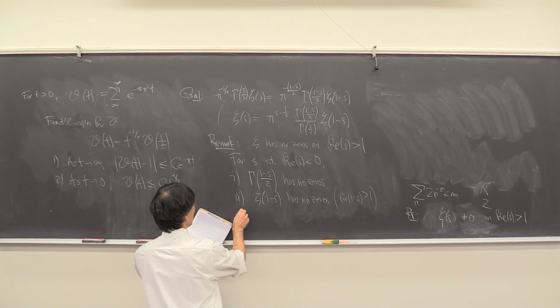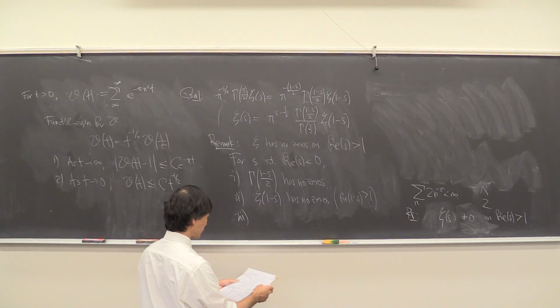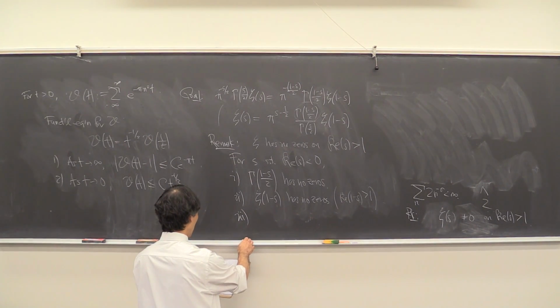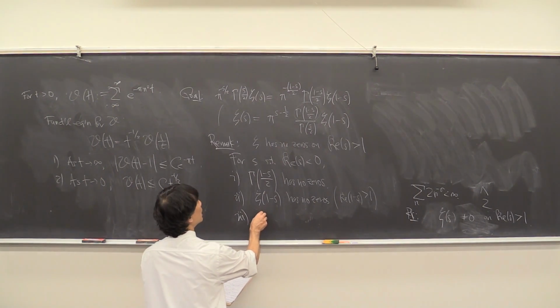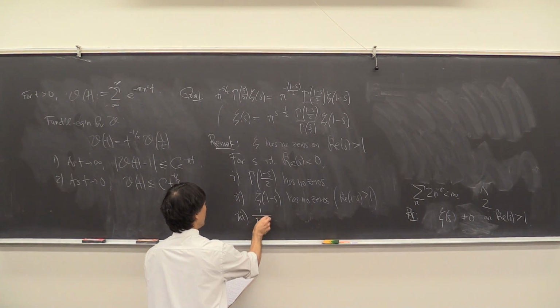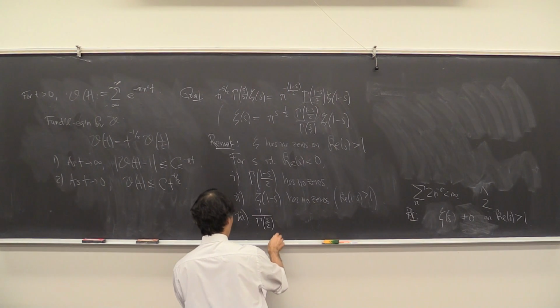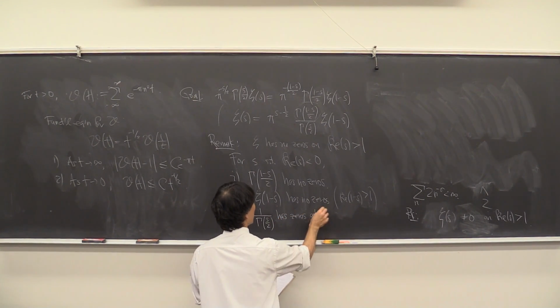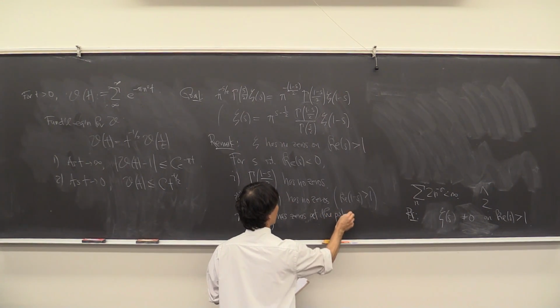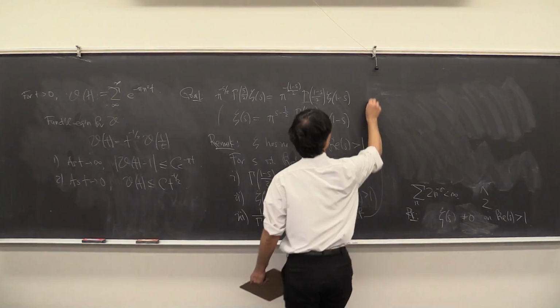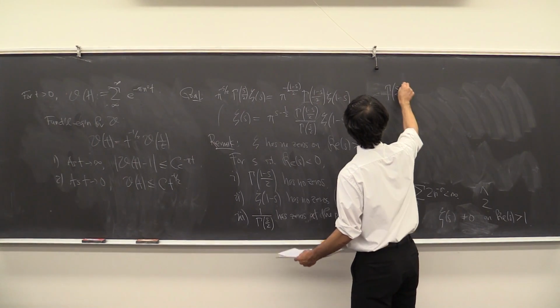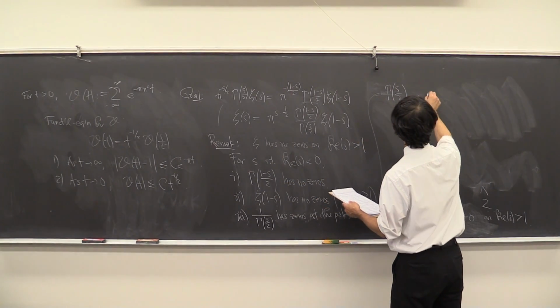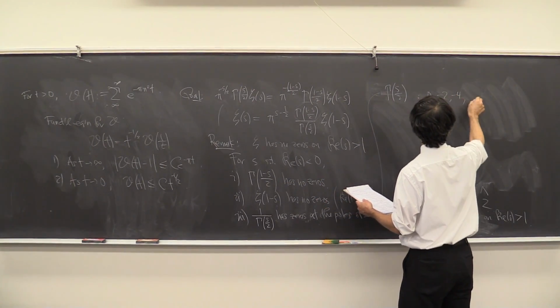And the last thing we notice is that this part, 1 over gamma of s over 2, has zeros at the poles of gamma of s over 2, namely 0, -2, -4, etc.